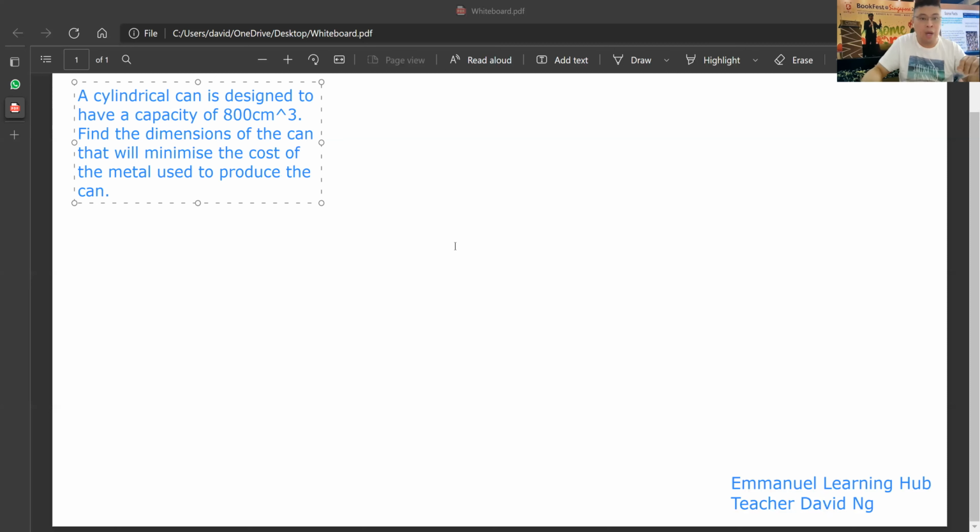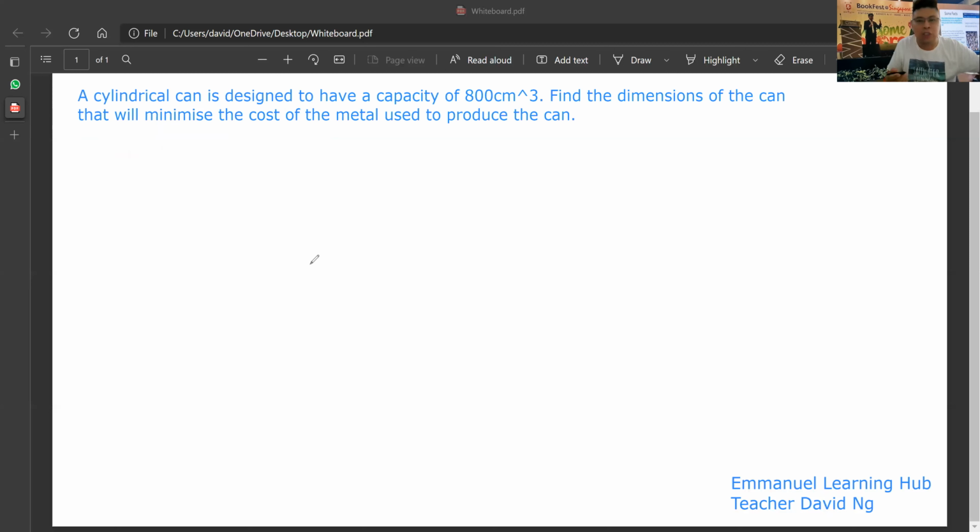One example you have is this. So you drink your Coca-Cola, right? Your Coke can probably doesn't hold so much Coke, 800 cm cube. Probably a large can. Usually what you see is 500 cm cube, but let's say Coca-Cola wants to produce an 800 cm cube can that contains 800 cm cube of Coke.